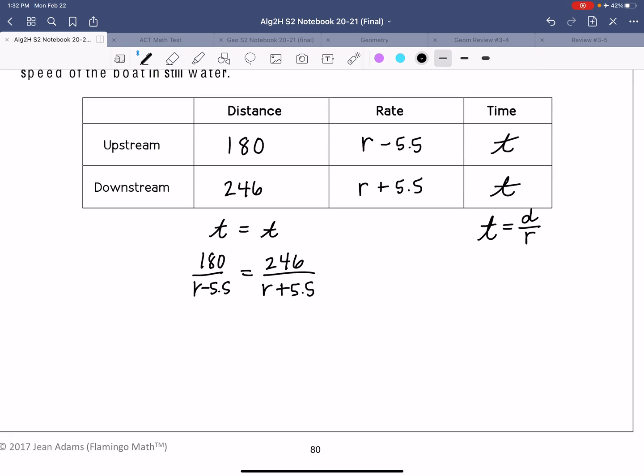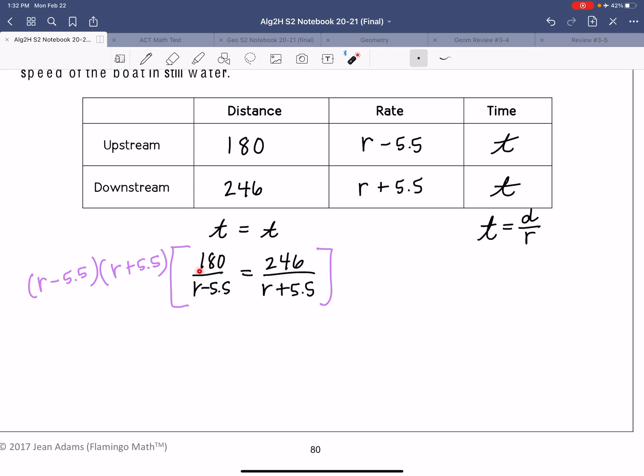Okay, and we want to eliminate our denominators, so we want to find the least common denominator between these two. There's just two of them, and they're both different, so we just multiply those together. So I'm going to have r minus 5.5 times r plus 5.5 to eliminate my denominators. So when that happens, the r minus 5.5 cancels on the left.